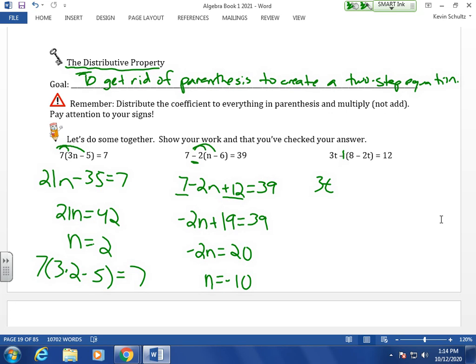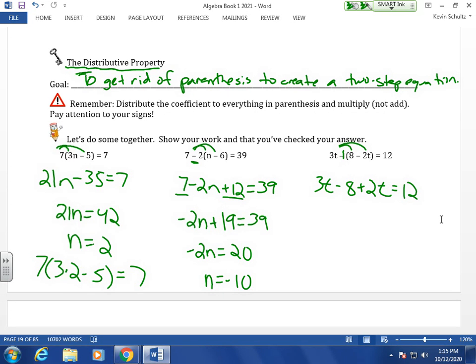Negative 1 times 8 is a negative 8. Negative 1 times negative 2t is a positive 2t. And that equals 12. It's really, really easy to lose signs throughout this entire process. That's why showing every step, showing the work, not trying to do too much in your head, writing everything down, it's going to be really, really helpful here.